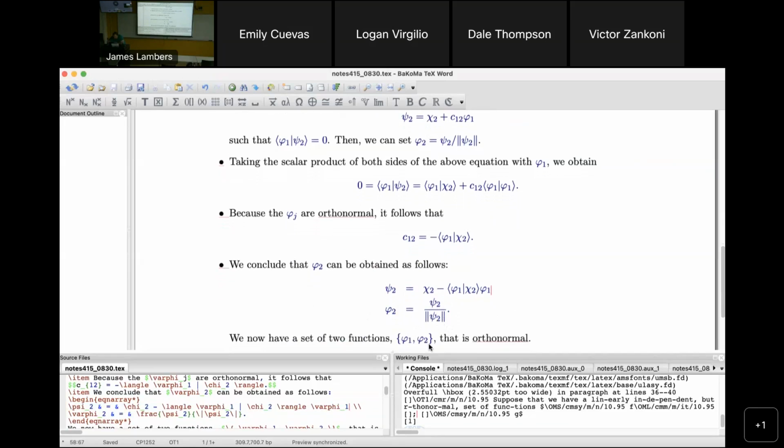Phi1 and phi2 are both normalized. So phi1 and phi2 are a 2-function orthonormal set. Questions about how that was done?